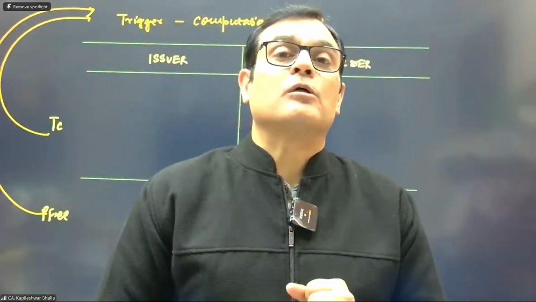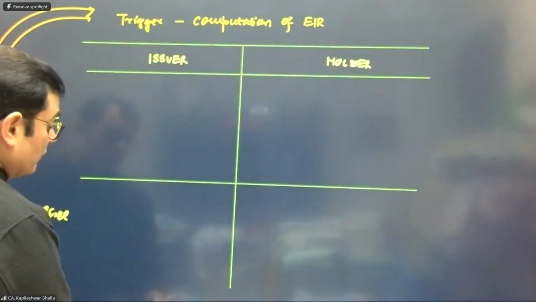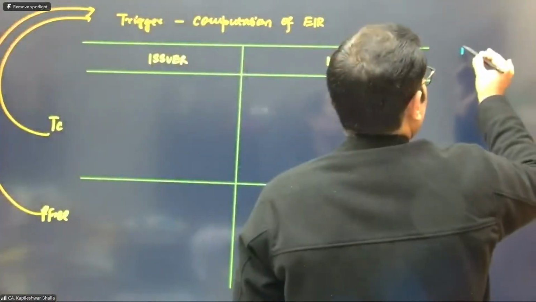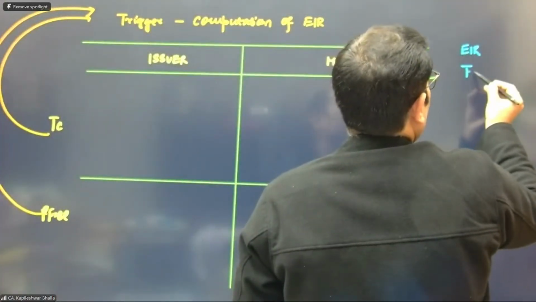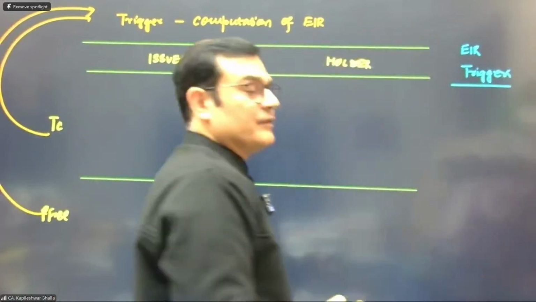And if it needs to be spread over a period of time, it needs to be incorporated as a part of the EIR. So the moral of the story, which I would like to mention at this stage: EIR triggers under 4 circumstances. We've added the 4th input in this case.